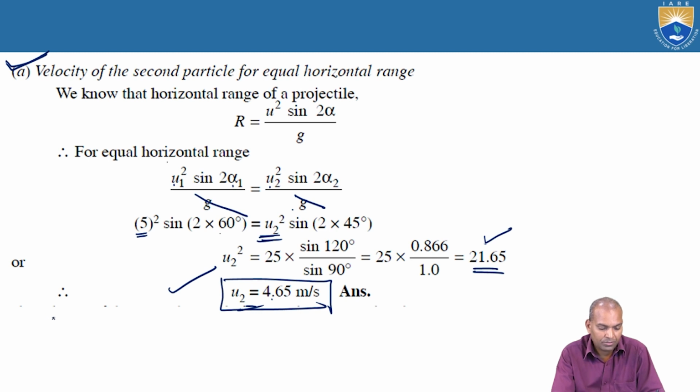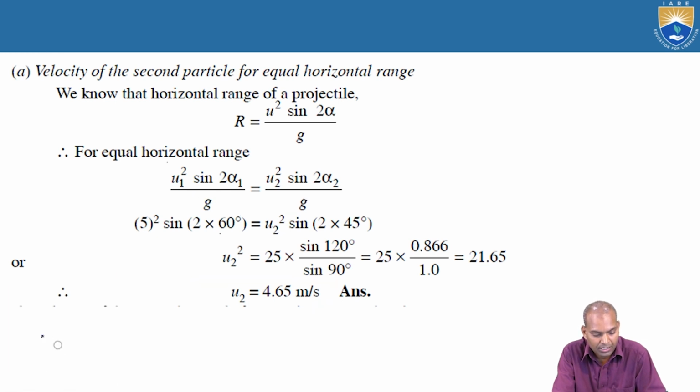If you make a table with u1, u2, we are going to make it for range consideration. Okay, we are going to make one table so that we understand better and can interpret clearly.